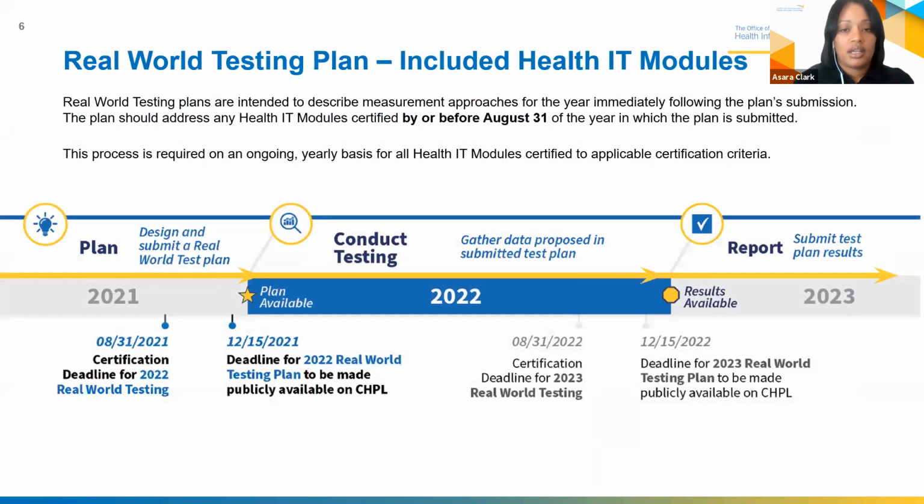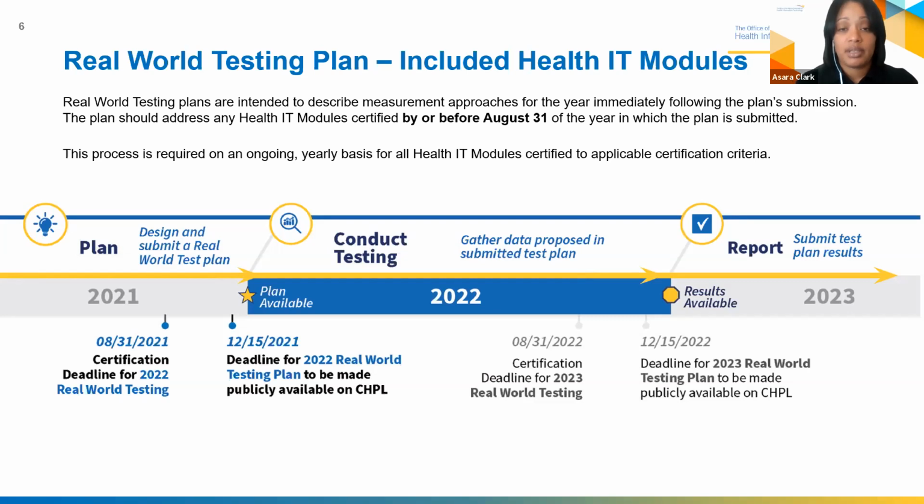Now let's talk about what health IT modules you need to include in your real-world testing plan, all right? And when those certifications to the applicable certification criteria must have been achieved for it to go into the next year's plan. All right, so real-world testing plans are intended to describe your approaches for the following year of real-world testing.